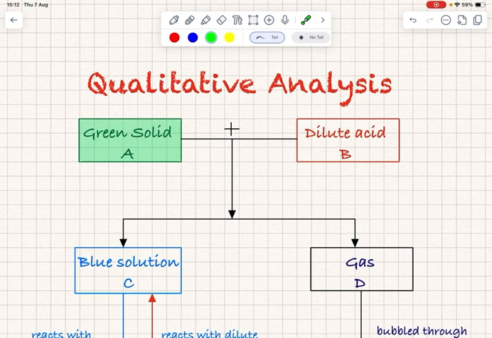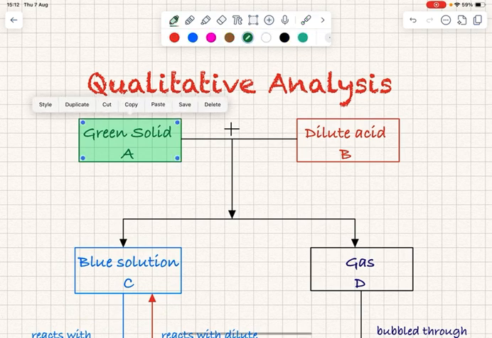But just the color itself tells us that most likely this will be copper carbonate, especially when I see the blue solution there. You know why? Because copper carbonate, unlike most copper compounds, is green.